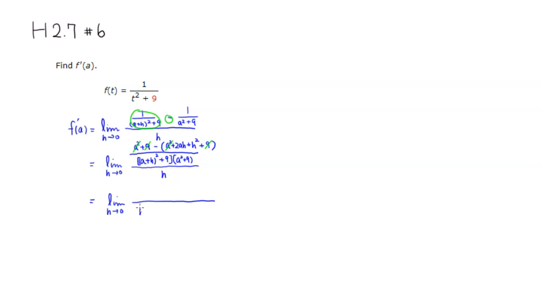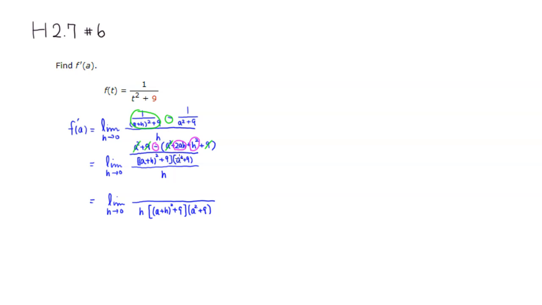So you have h, then (a plus h) squared plus 9, and then a squared plus 9. If you look at the numerator, don't forget the negative sign here. So you have negative 2ah and then negative h squared.